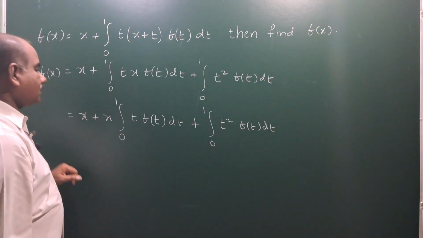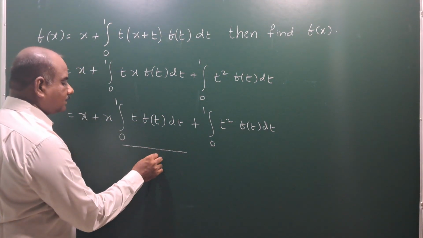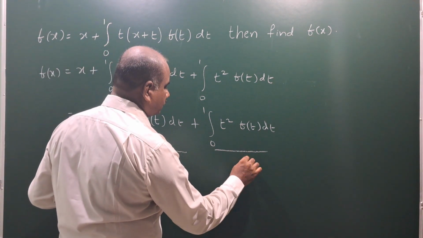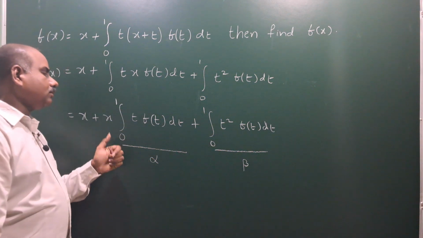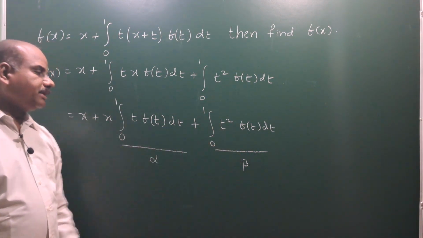Okay, so let us say this first integral is alpha, and the second integral is beta. We have to assume like this: this one is alpha and the second term is beta.